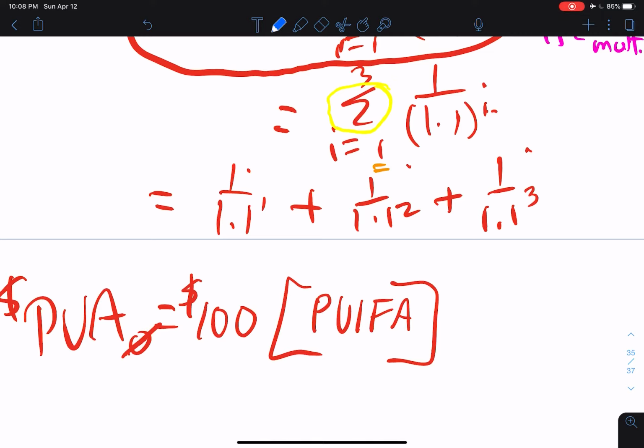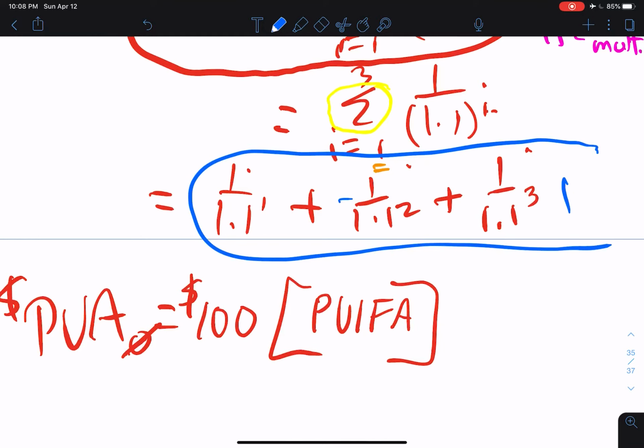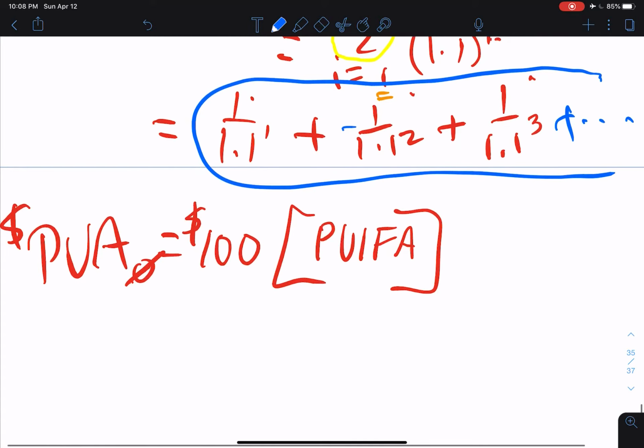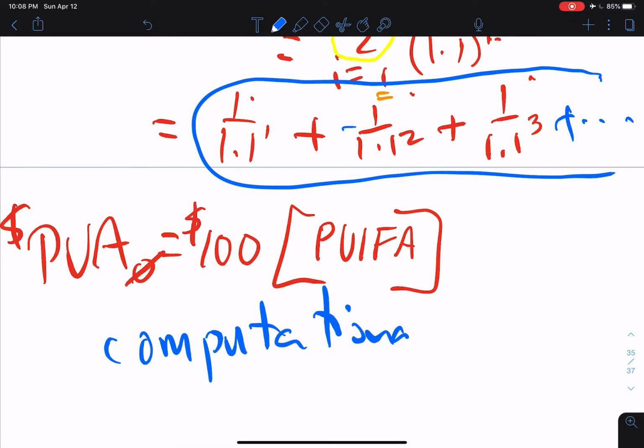Well, this could be very cumbersome because we'd have a lot more terms. Well, I just wonder if there's a computational formula that we could use.